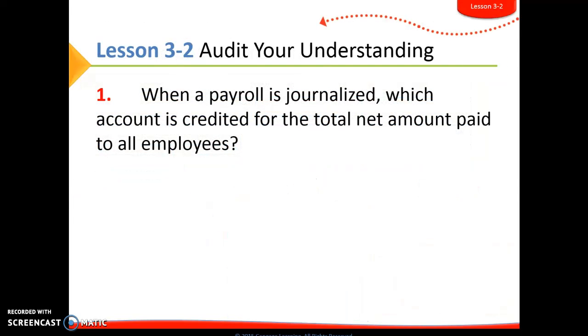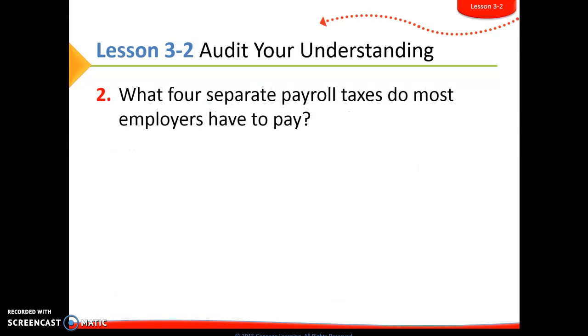Okay, question number 1. When a payroll is journalized, which account is credited for the total net amount paid to all employees? The account credited would be our cash account. Number 2, what 4 separate payroll taxes do most employers have to pay?